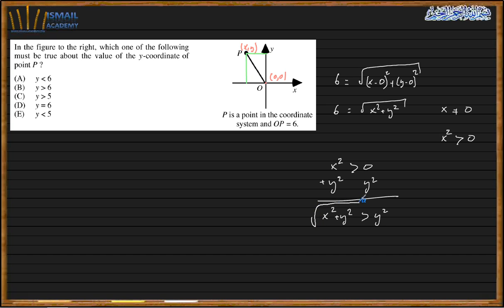If we take the square root on both sides, we know that this has a value of 6, so 6 is greater than the square root of y squared, and because y is positive, it's just y. So 6 is greater than y, then A is my answer.